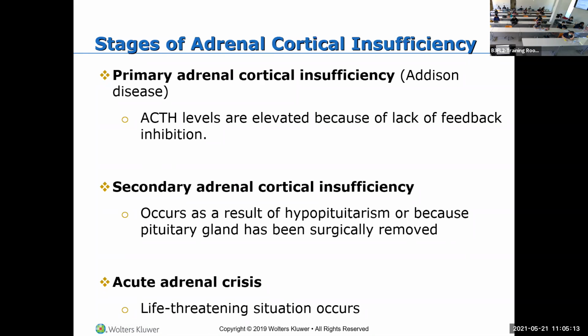Acute adrenal crisis. A life-threatening situation. They prescribe me prednisolone for my condition.